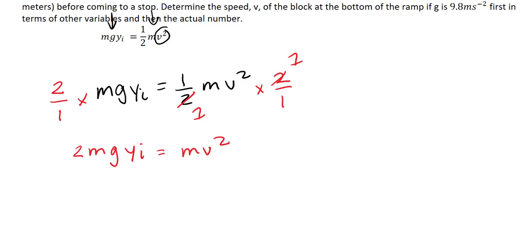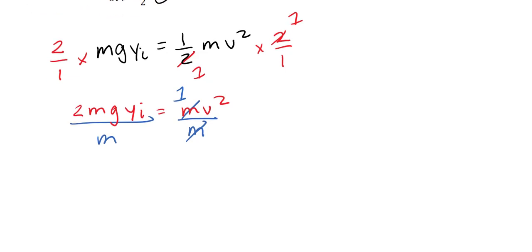Now in the next step, let's get v more by itself. Our next step could be to divide by this m on both sides. This gets rid of it here, leaving just 1. Now we have an m here and an m here.